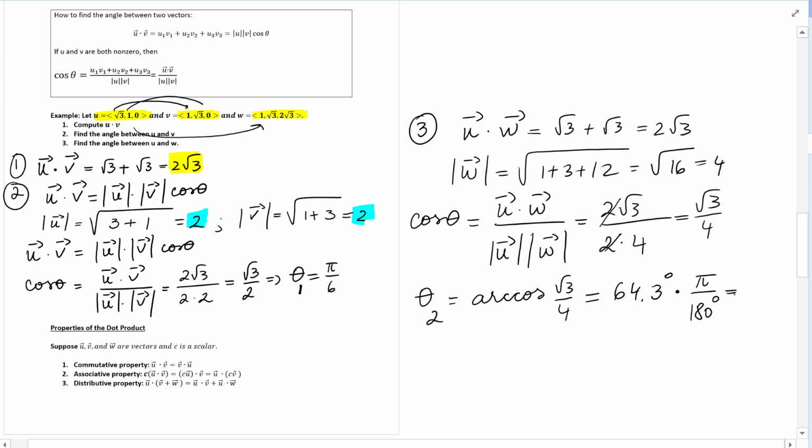So we get 0.36 pi if we round it to 2 decimals, or we can just multiply it with pi and get 1.12 radians. All right.